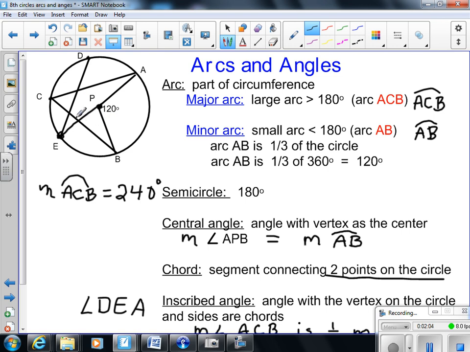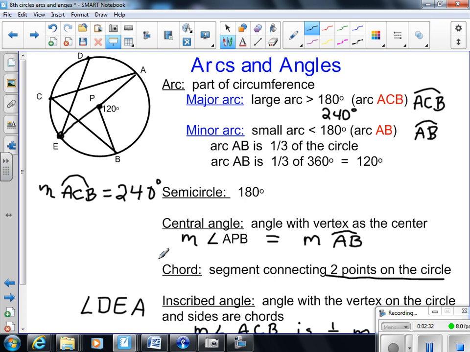So I have 180 plus 60 gives you a total of 240 degrees. So you can also find the measurement of major arcs. Okay, so the measure of arc ACB is 240 degrees. We used what we knew about a semicircle being 180 degrees, and then what the other semicircle should be, 180, and what this missing part is.